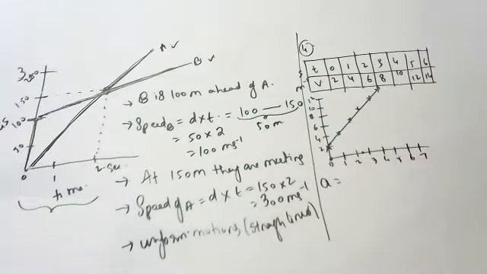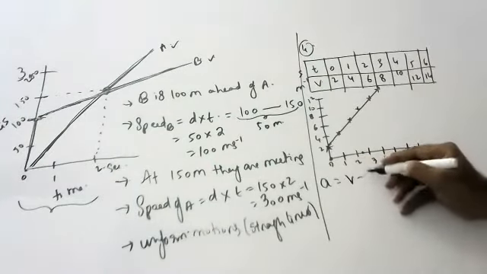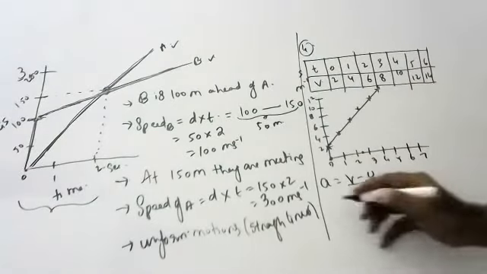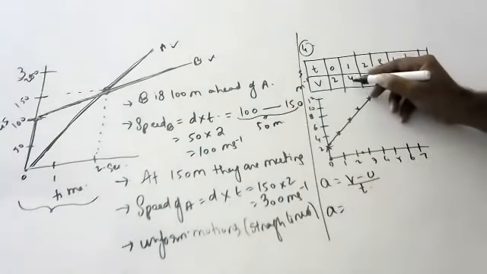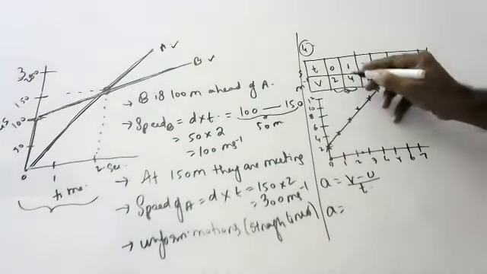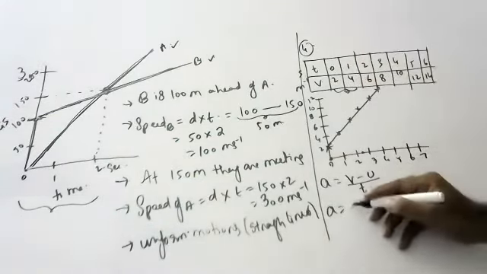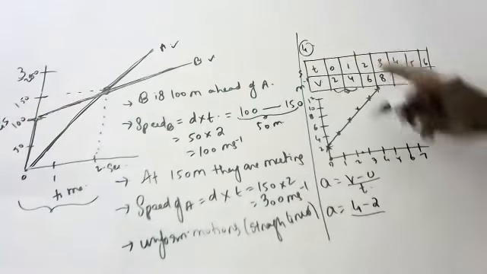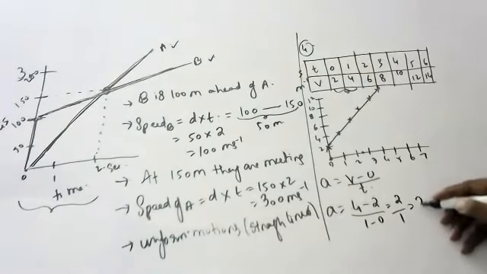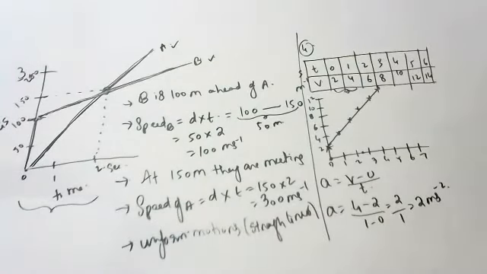What is the acceleration, children? Anyone? v minus u by t. Acceleration is (v minus u) by t. Because it is uniform acceleration, between these two cases we will find acceleration. (4 minus 2) by (1 minus 0), that is 2 by 1, that is 2 meters per second square. It is uniform acceleration, children.